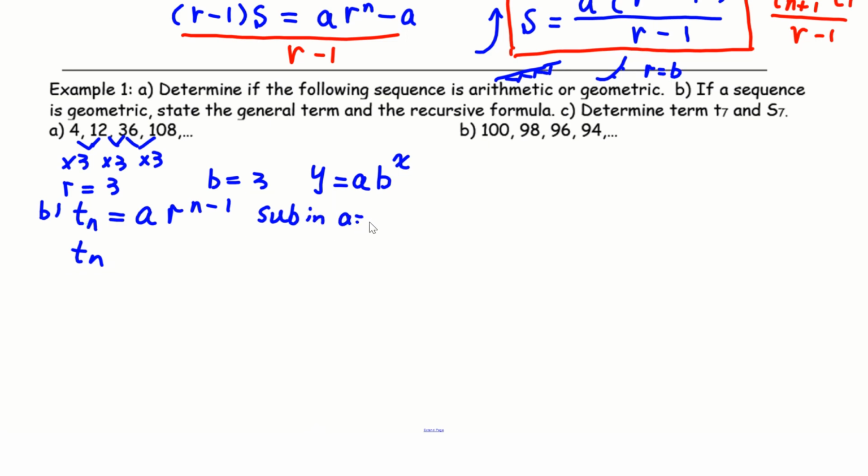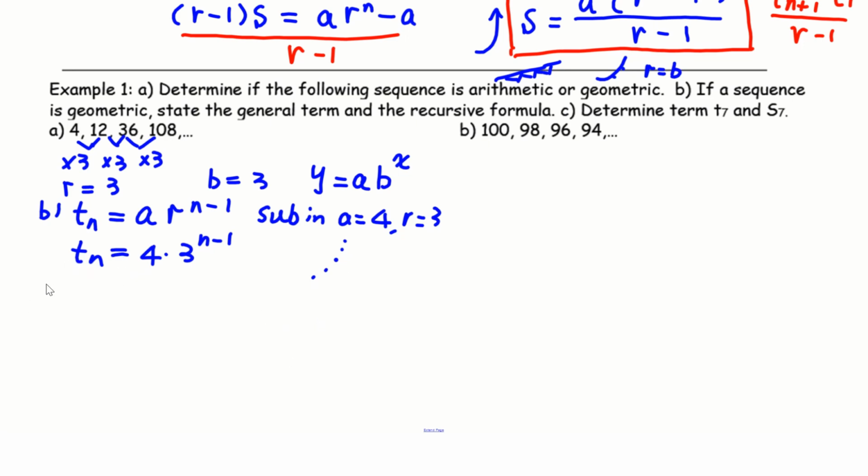A equals 4, r equals 3 into this general term, then it is 4 times 3 to the exponent n minus 1. So you have x and y left. It represents infinite dots on the graph. So that is the general term.